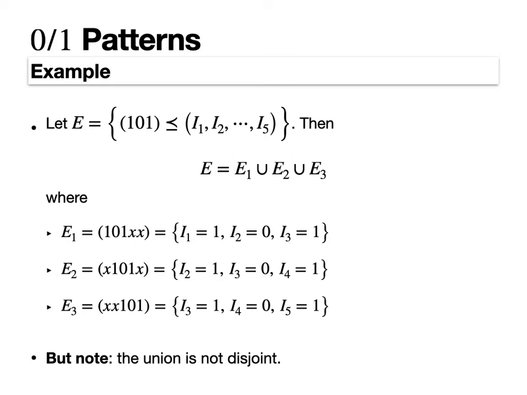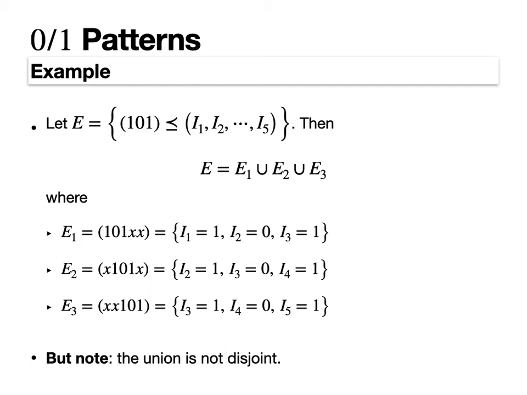So the event we're interested in is the event that 101 is a substring of that sequence of the first 5 indicator variables. I'm going to denote that event by E, and it's a little bit hard to think about as one whole piece, but we can write E as a union of three different events. I'm calling those E1, E2, and E3.